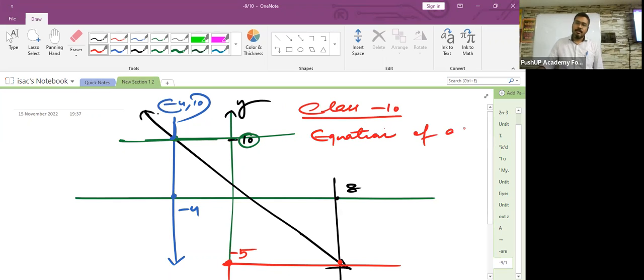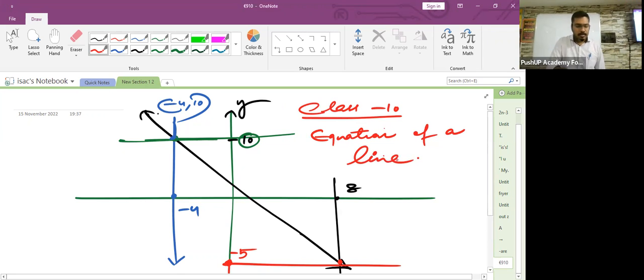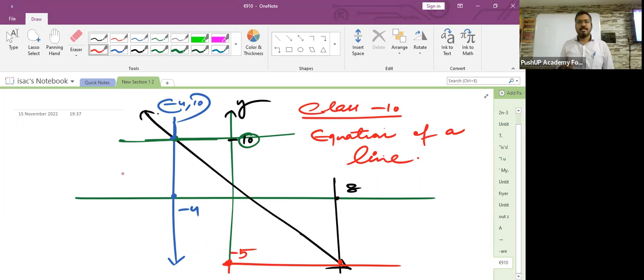In this 9th grade also equation is there, right? Wait, I have to check for that. In class 9, you don't have that. But in class 10, you will be learning from the given points how to frame the equation of the line.